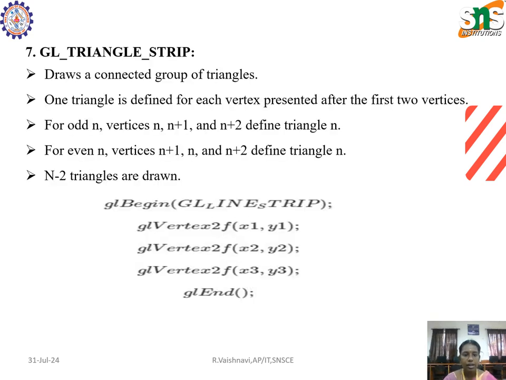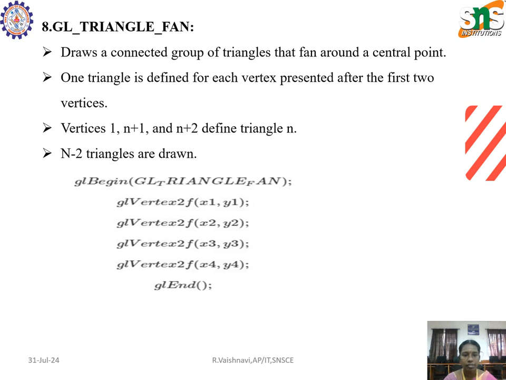Next one is triangle strip. In triangle strip we draw a connected group of triangles. One triangle is defined for each vertex presented after the first two vertices. Next one is triangle fan, which draws a connected group of triangles that fan around the center point.